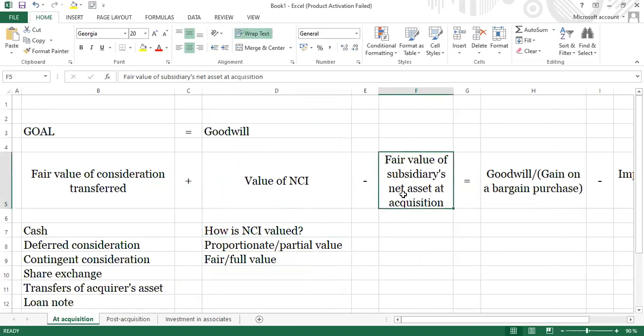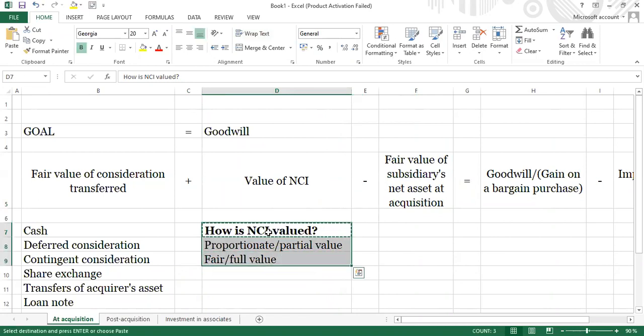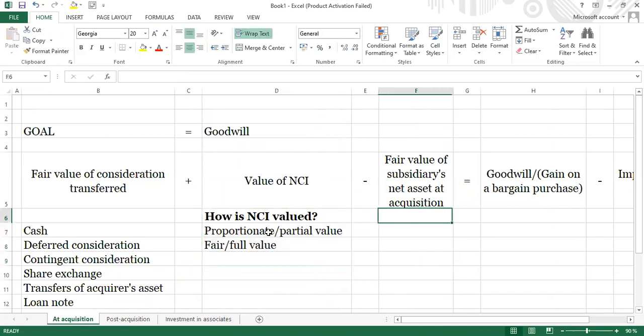The third ingredient is fair value of the subsidiaries' net asset at acquisition. When you get to this ingredient, there are two things you must always probe for. The first thing is what they call the fair value adjustments.